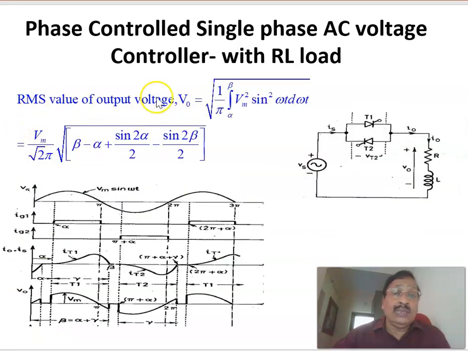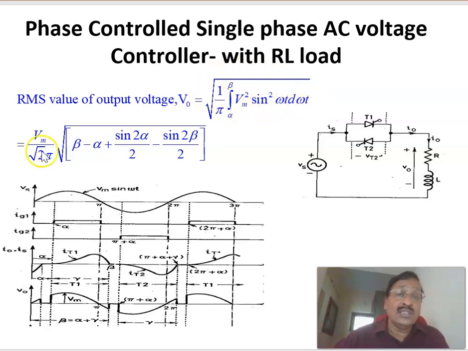To calculate the RMS value of the output voltage, the RMS value is equal to square root of 1 by pi, integral changing from alpha to beta, Vm square sine square omega t d omega t.